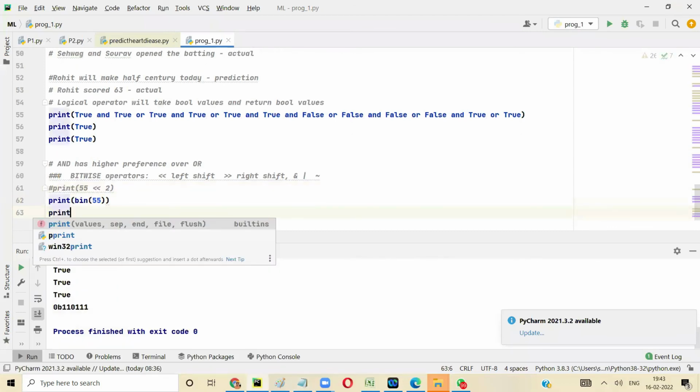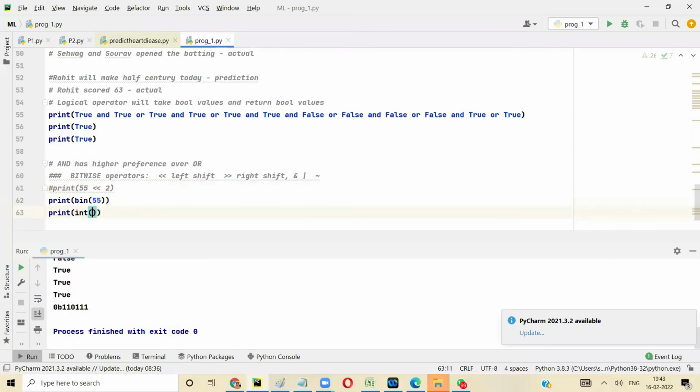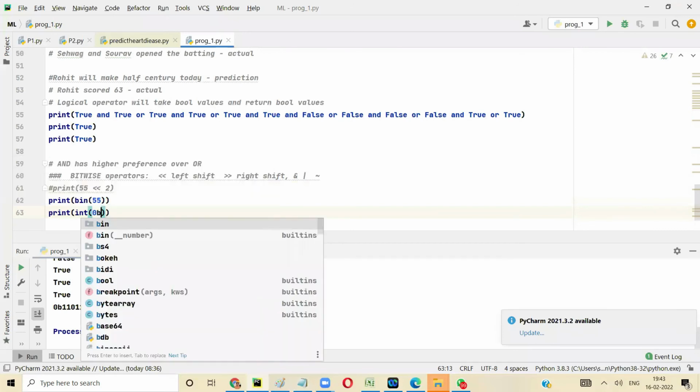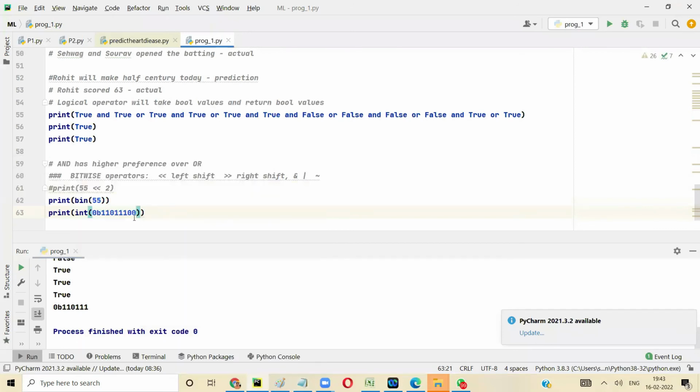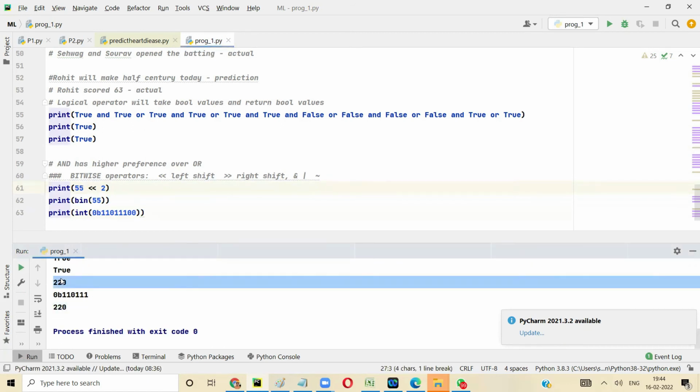Print int of, since it's binary, I'll add 0b before this number. We added 2 zeros at the end of the binary number. When you run it, the answer you get is 220.